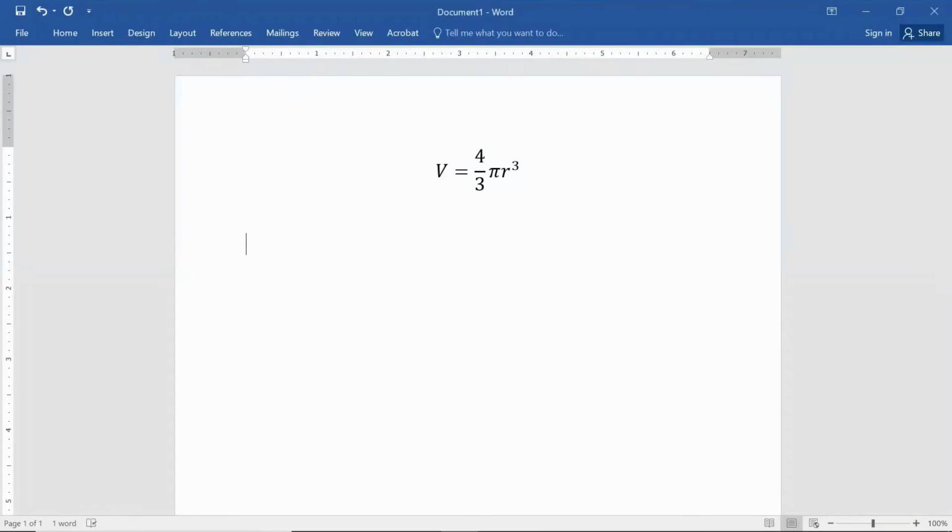Once we have this established, let's take the derivative of both sides with respect to time. Our time is going to be in seconds because that's what the rate of change is given in. 4/3 multiplied times pi, those are constants.